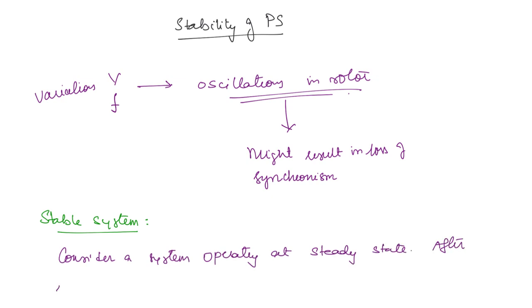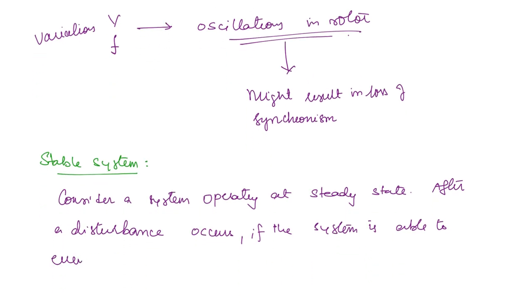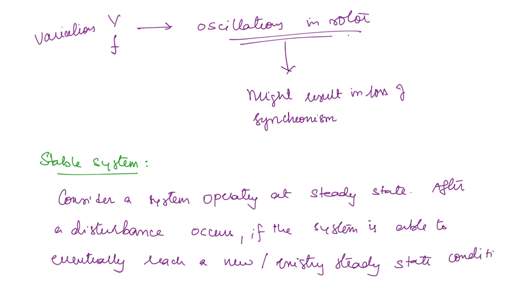Now after a disturbance occurs, if the system is able to eventually, that means it can take some time, reach a new or existing steady state condition within a finite time, then it is called a stable system.